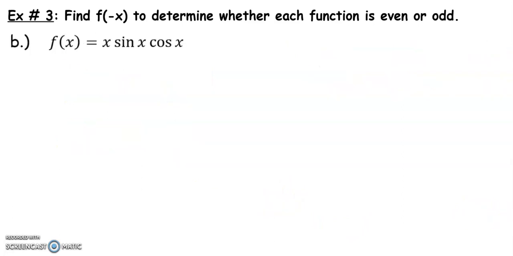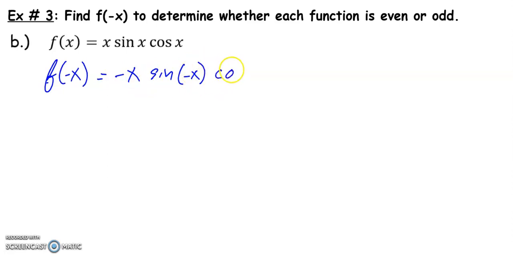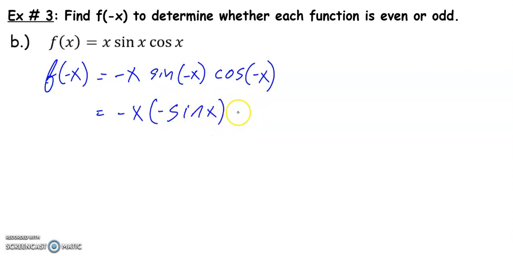Example 3b, we're going to do the same thing. Let's take out all the x's and put in a negative x. So I'm going to have negative x times the sine of negative x times cosine of negative x. Negative x is just going to be negative x, times sine of negative x, which is negative sine of a positive x.